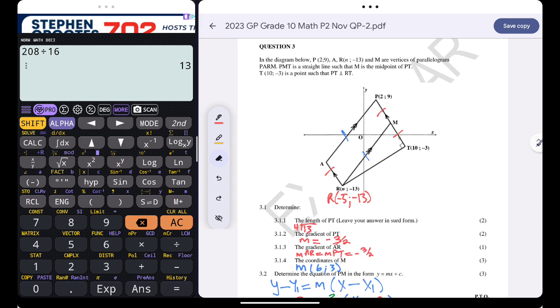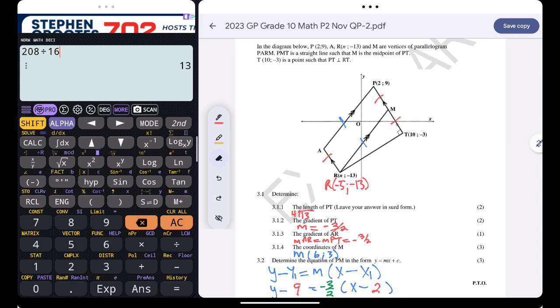For me to find the area, guys, I can find the distance of RT.